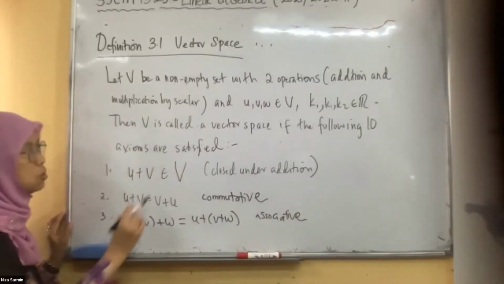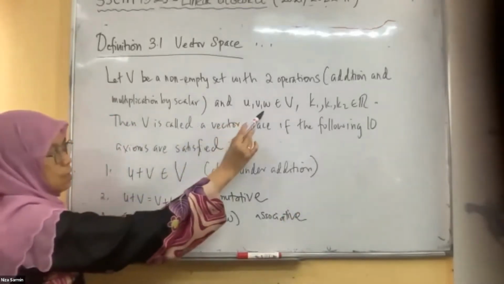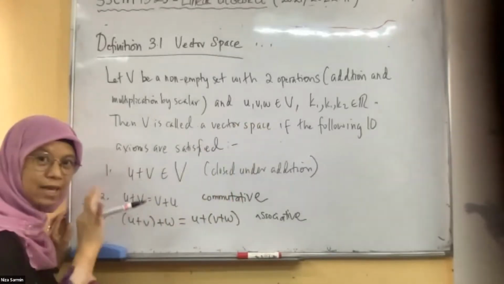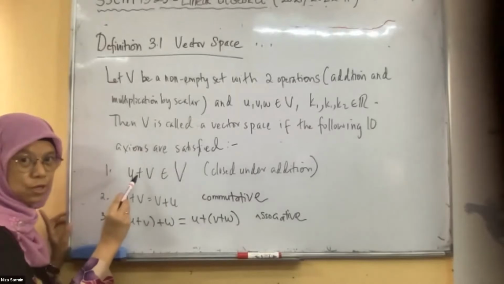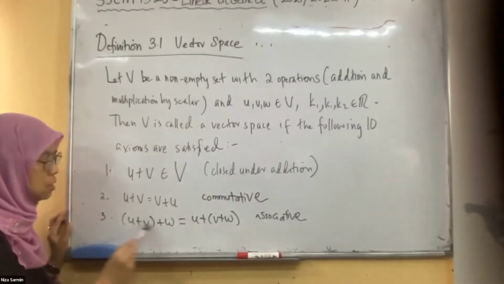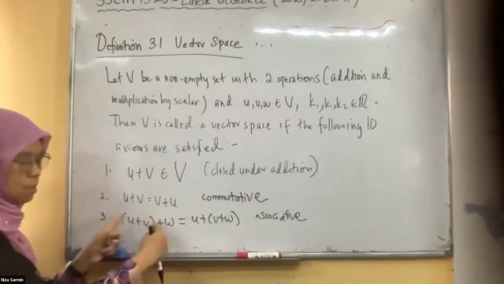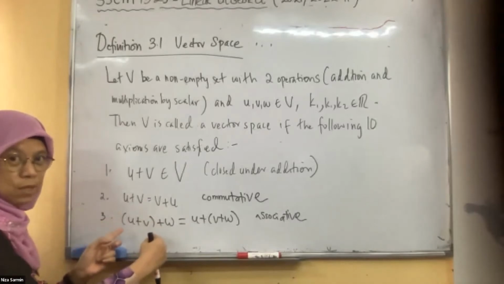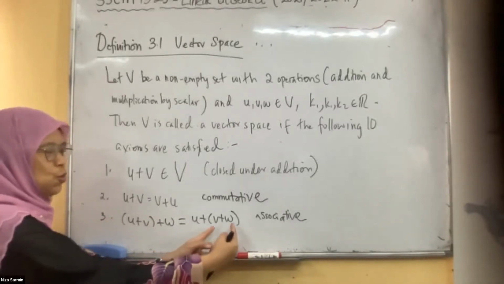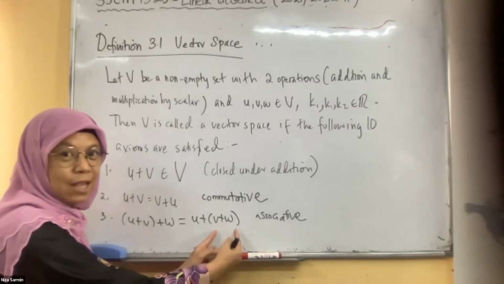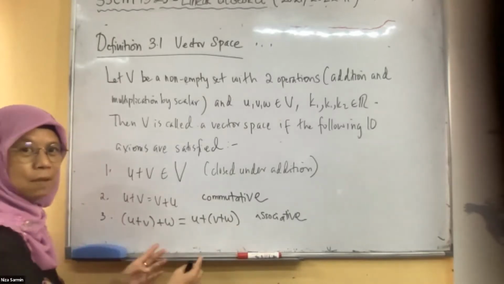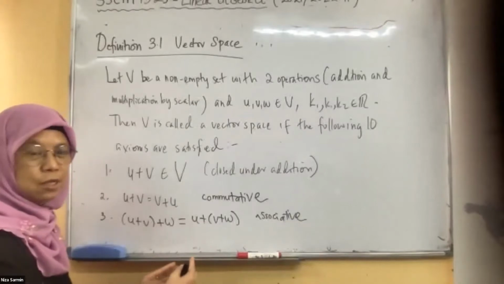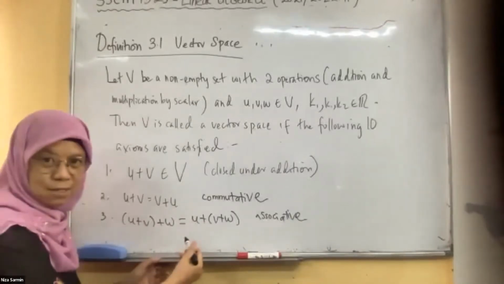So you take any 3 of u, v, w in V. The previous one you add just 2, right? This one you take 3 of them, but you add this first, u plus v plus w, or you add this first, it doesn't matter, like numbers. But some sets and some operations do not satisfy this.